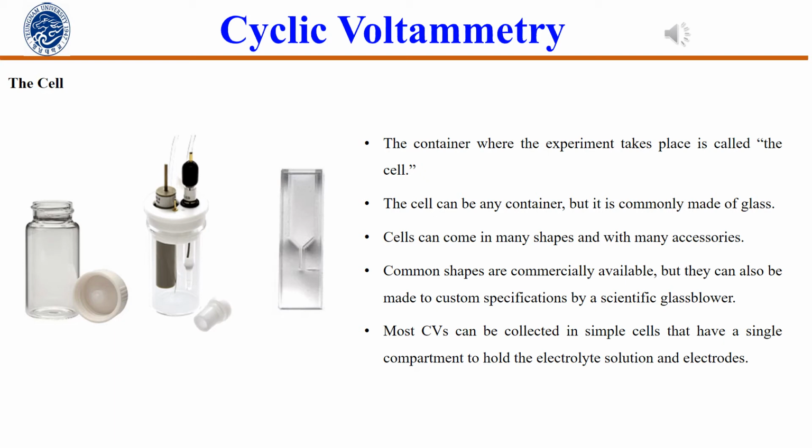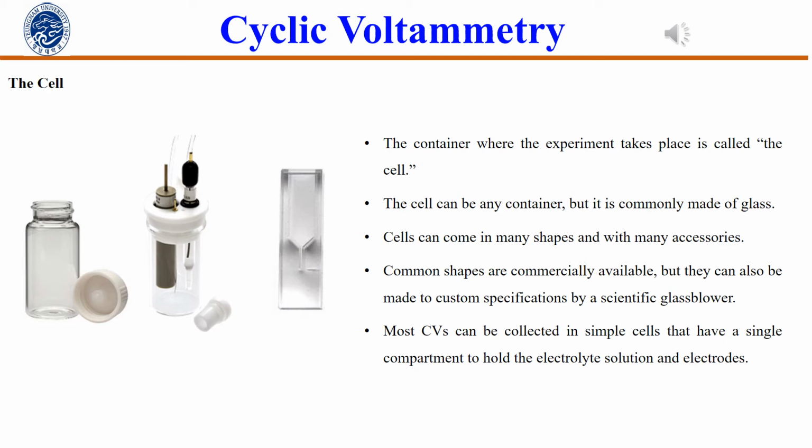The cell can be any container, but it is commonly made of glass. Cells can come in many shapes and with many accessories. Common shapes are commercially available, but they can also be made to custom specifications by a scientific glass maker.